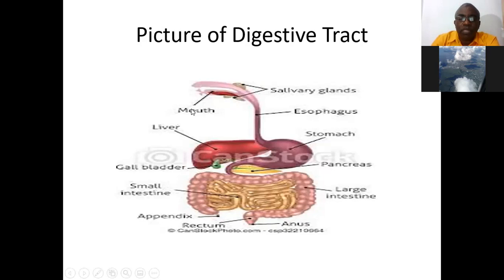This is the mouth, a representation of the mouth, of course. And then the esophagus, which is the tube through which the food passes to go to the stomach.